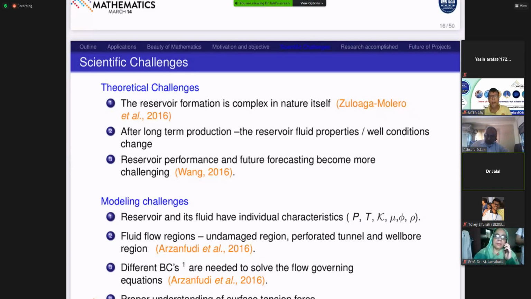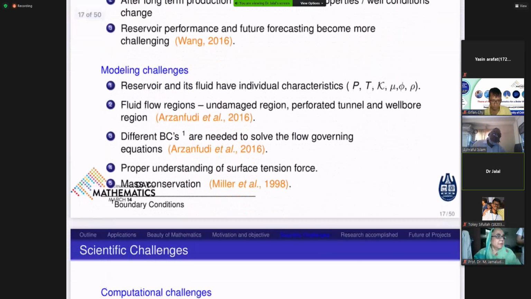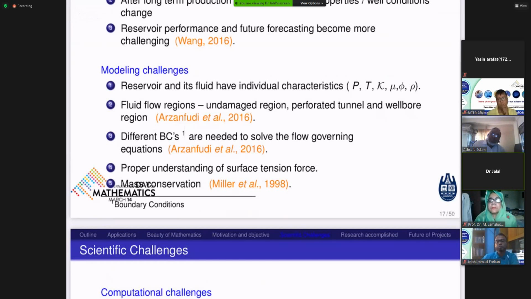Because the production parameters change, your forecasting will change. You do have to consider that. And in the modeling challenge, the reservoir and its fluid have different characteristics. That means pressure, temperature, permeability, porosity, viscosity, density, all these parameters you have to take into consideration.